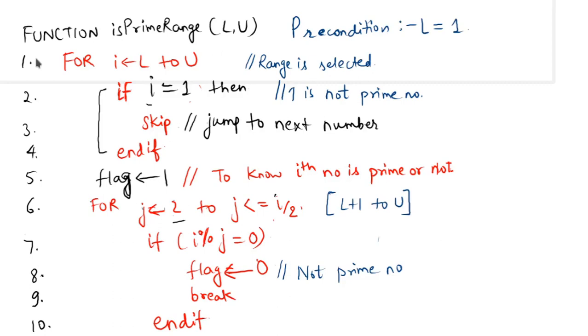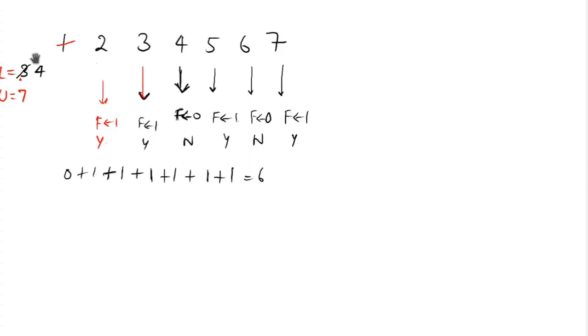But let's say one wants to calculate the prime numbers between 1 to 7, and how many operations from instruction number 6 to 9 will be performed. Let's see that. Here one can see that 6 instructions will be performed, one for each instruction. Let's say the if condition will be checked, so that will perform one instruction.